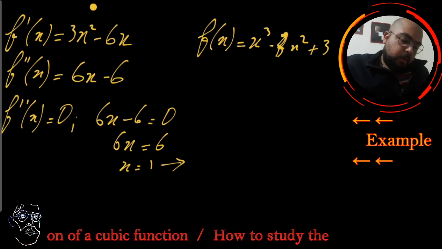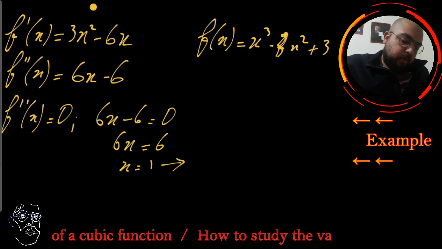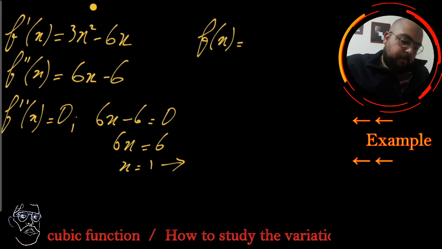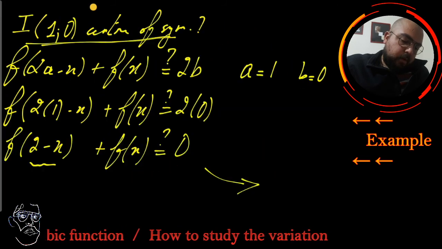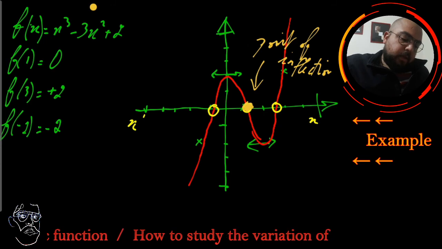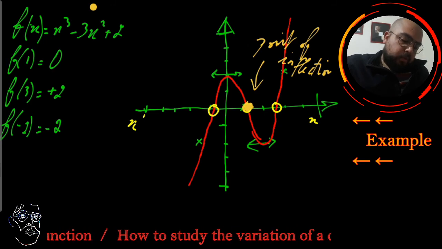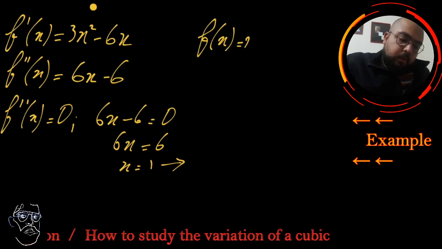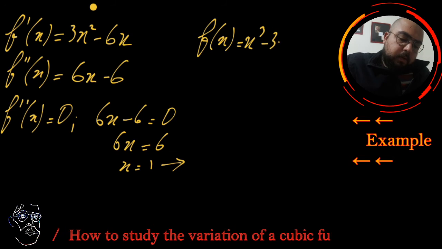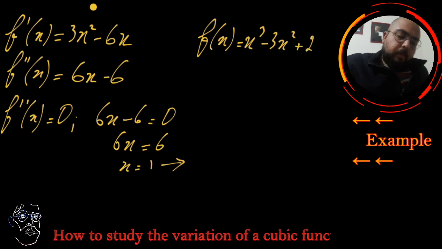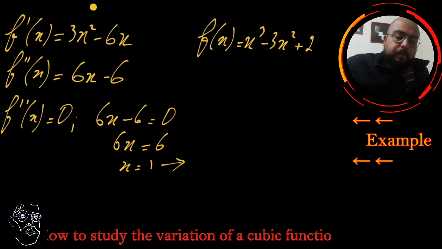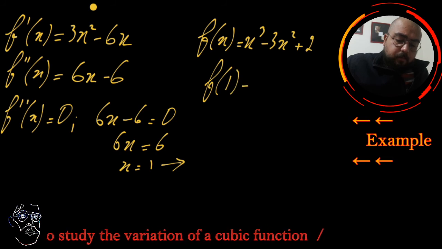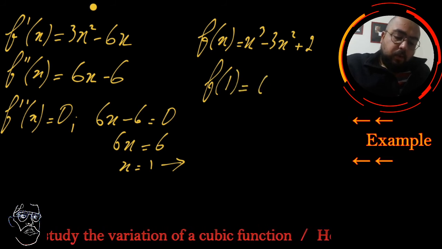Sorry, once again I'm gonna check my function just to have the exact function. So f of x is x³ minus 3x² plus 2. Okay, so whenever you replace x by 1, f of 1 will give you actually 0.